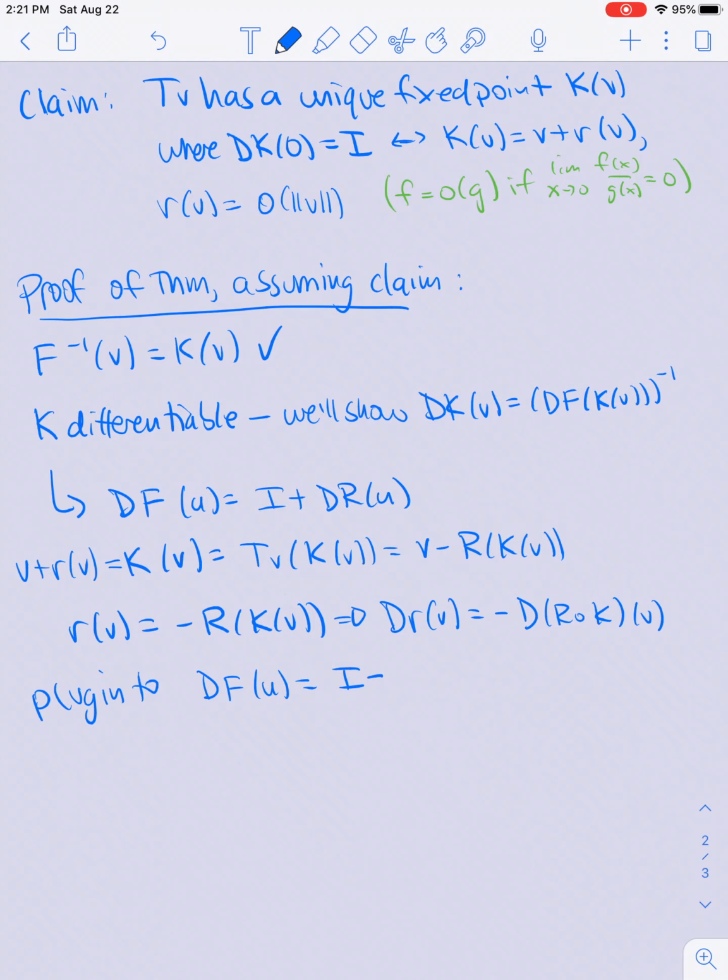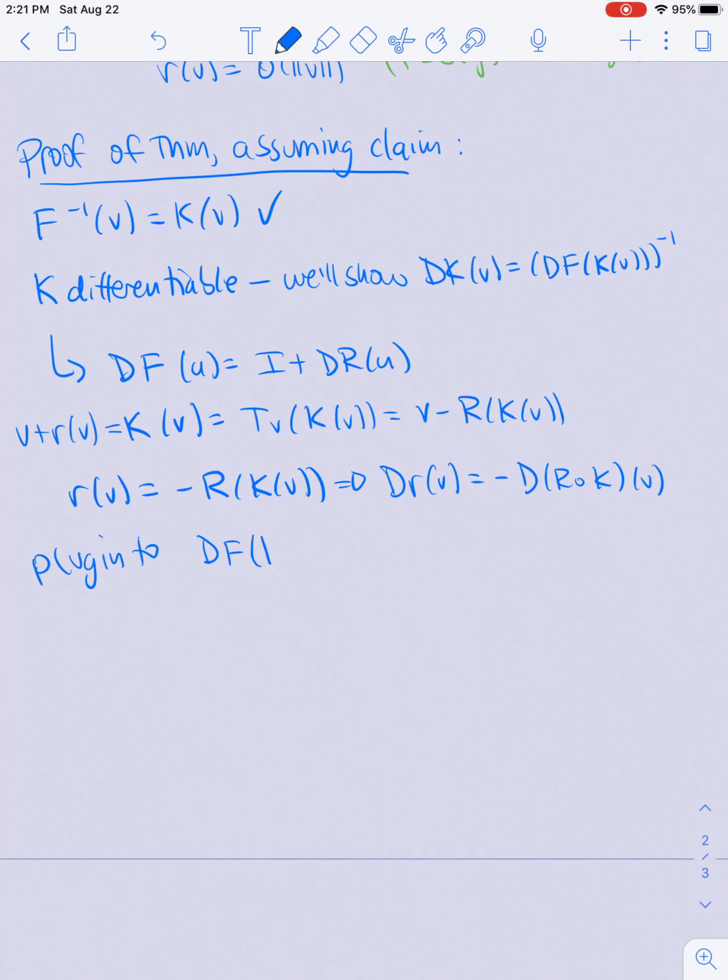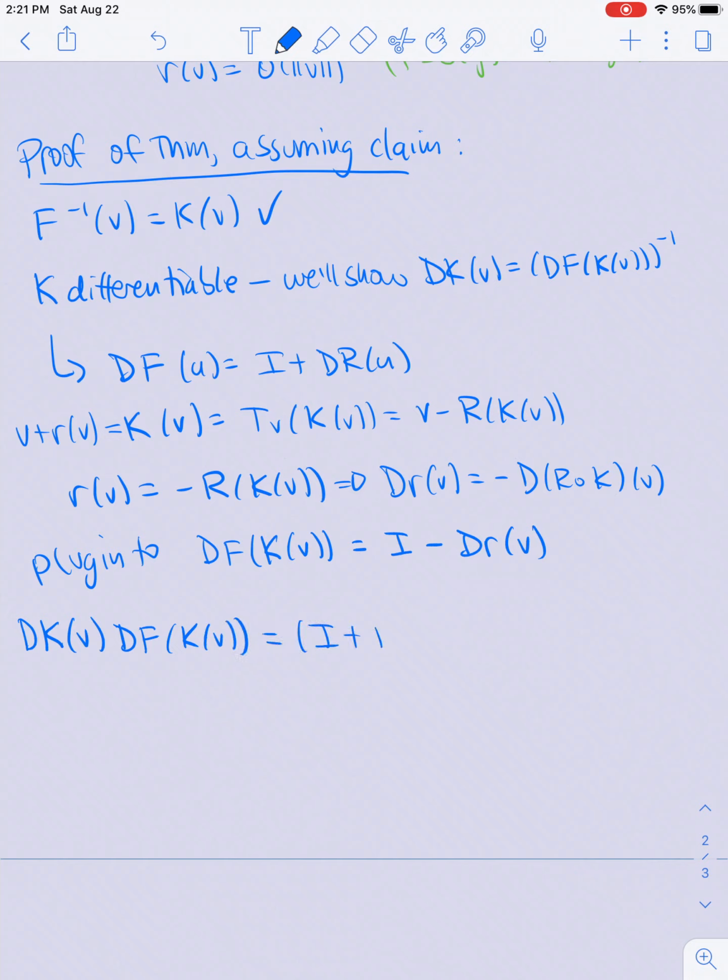I get df at u is equal to I minus dr. So if I apply df at the point k of v, then this should be I minus d little r at v. And so then if I multiply dk at v by df at k of v, I get I plus d little r at v times I minus d little r at v.